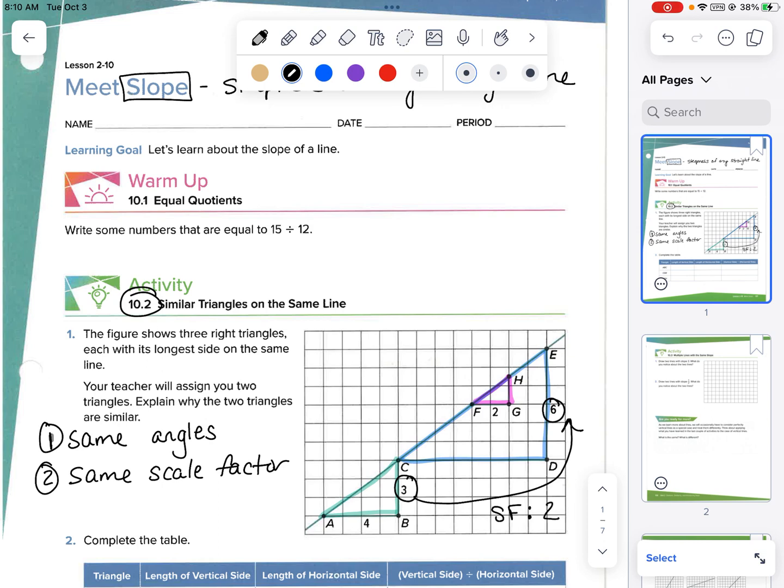Because 3 times 2 is 6. If I'm going from triangle FGH, where I have one side length of 2, to ABC, where I have one side length of 4, I can see I have a scale factor of 2 as well. Okay, so we know that they have those same angles and similar scale factors.